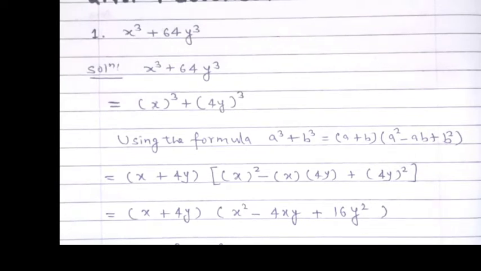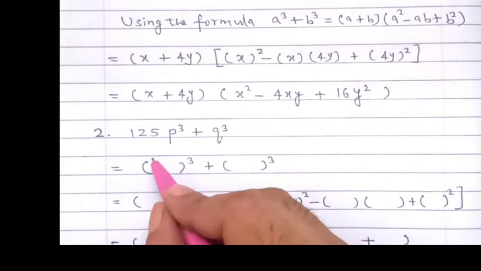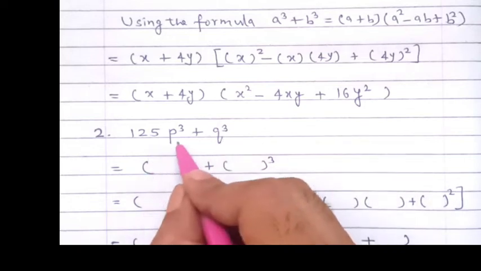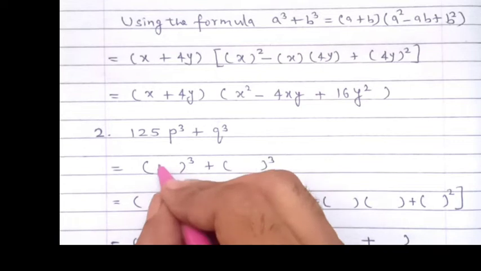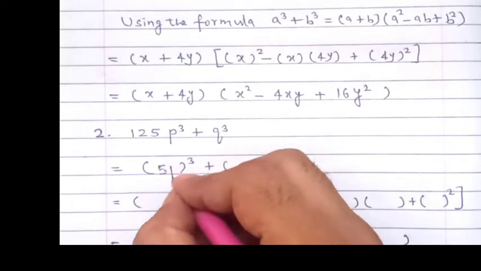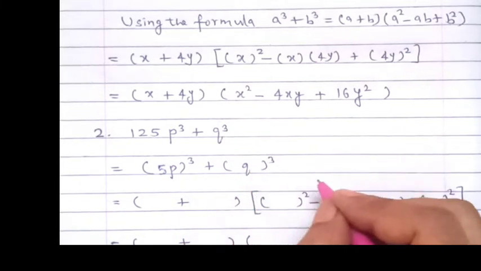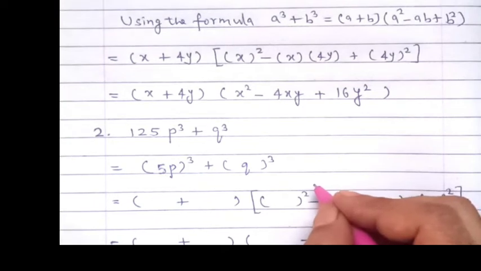Let's go for the second question: 125p cube plus q cube. Now 125p cube can be written as (5p) the whole cube and q cube is q whole cube. So you got (5p) cube plus q cube.